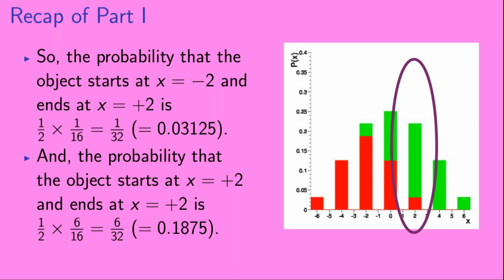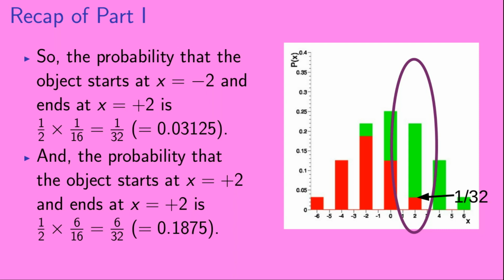Now that product is equal to 1/32 and is represented by the red bar shown at x equals 2. So if you'd like to compare with the plot, 1/32 is equal to 0.03125.